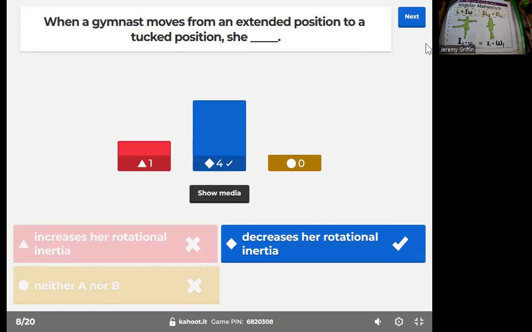So that's really similar to this. Replace the gymnast with an ice skater, and you have basically the same idea. Going from left to right, you're taking your mass and bringing it in towards the axis of rotation. That's decreasing the rotational inertia. A bunch of guys got that. And if you're rotating at the same time, you go slow here and then really fast here, increasing your angular velocity because angular momentum is conserved.